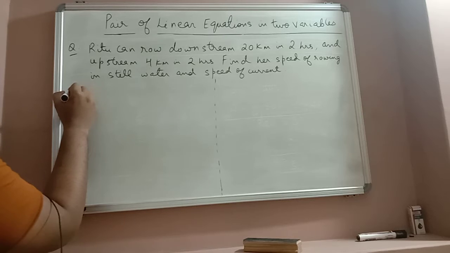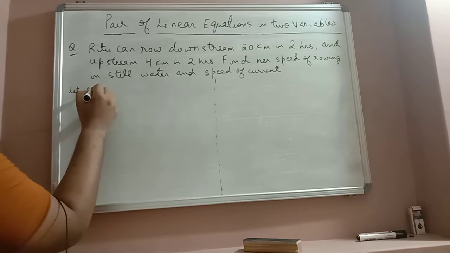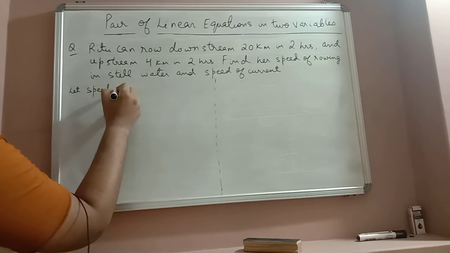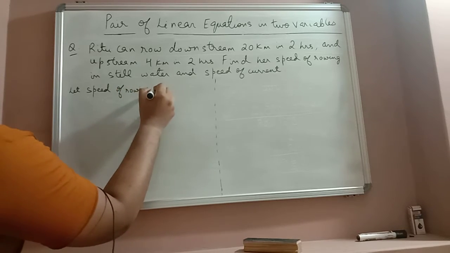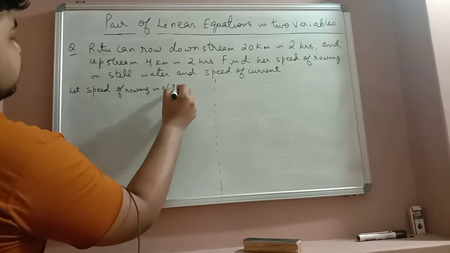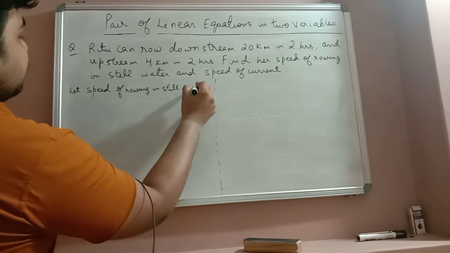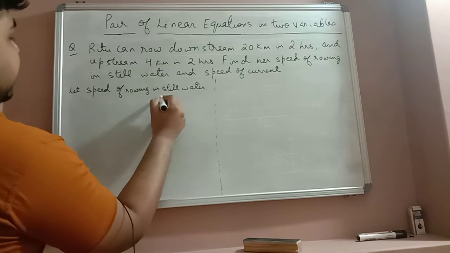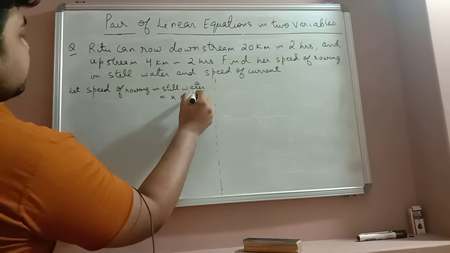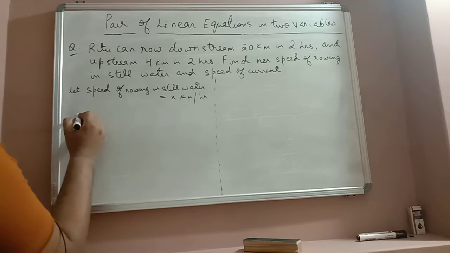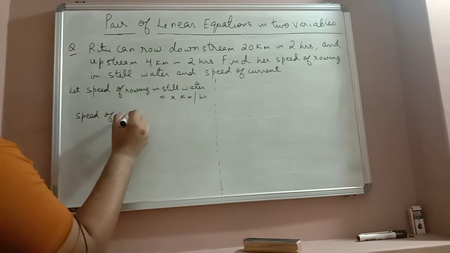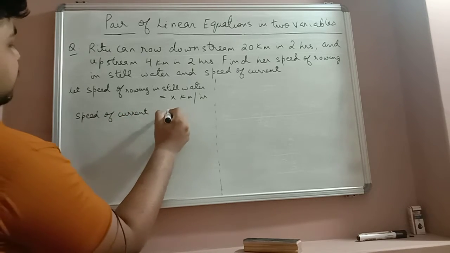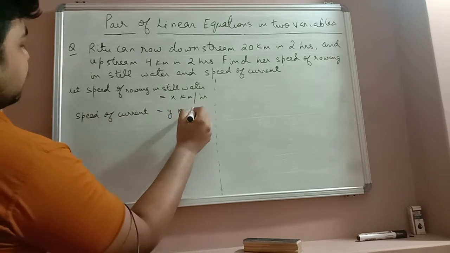So let the speed of rowing in still water be x kilometers per hour, and let the speed of current be y kilometers per hour.